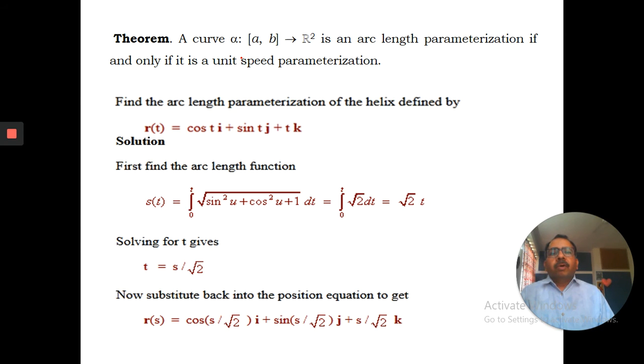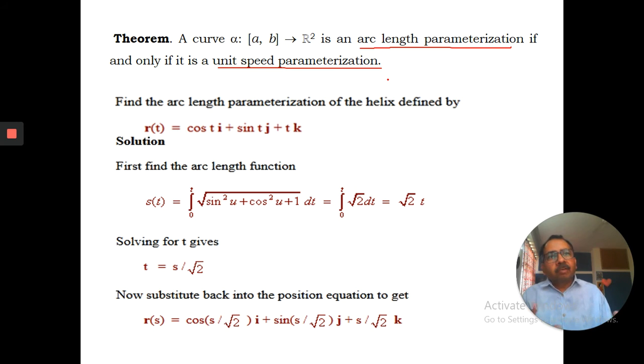A curve alpha is arc length parameterized if and only if it is a unit speed parameterization. This theorem gives me a relation between arc length parameterization and unit speed parameterization. The theorem says that the two parameterizations are the same. If one says that I have a unit speed parameterization, it means that parameterization is an arc length parameterization.